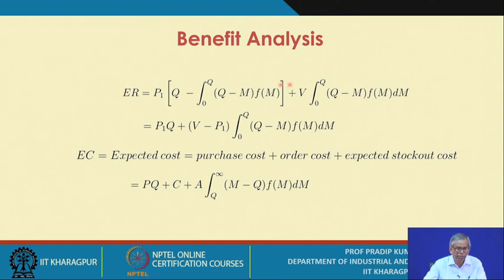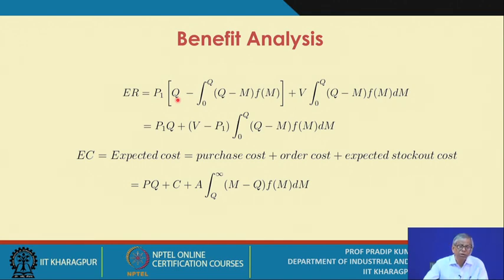So when you go for benefit analysis, this is the expected revenue. How do you express expected revenue? Q is the order quantity, so P1 into Q is the sales you can do. Now it may so happen that the demand M may be less than Q. So there is a possibility that you are unable to sell the entire amount which you have produced.